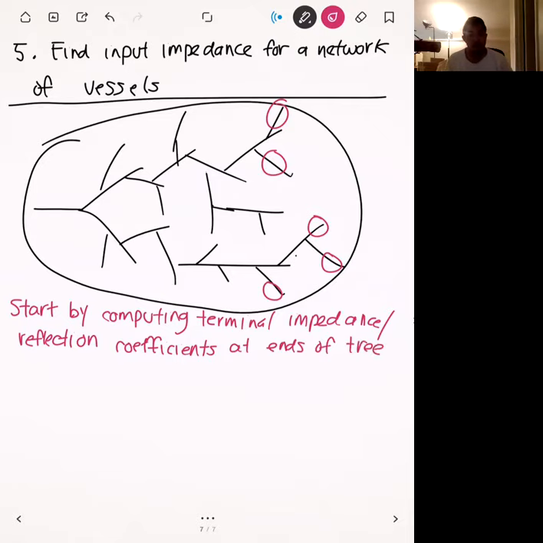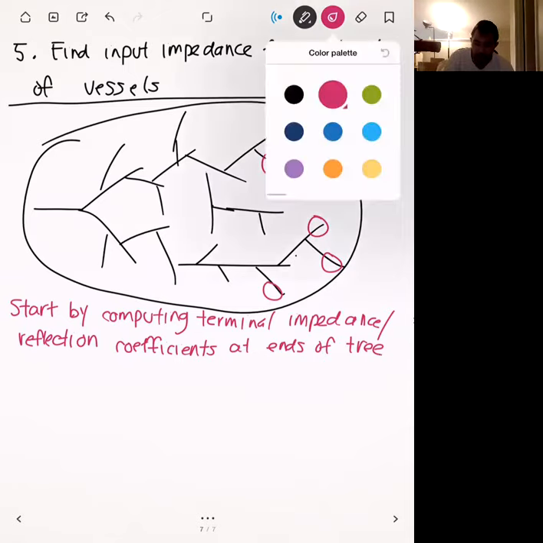Because if you know the terminal impedance, you can combine that with the characteristic impedance of its immediate neighbors.